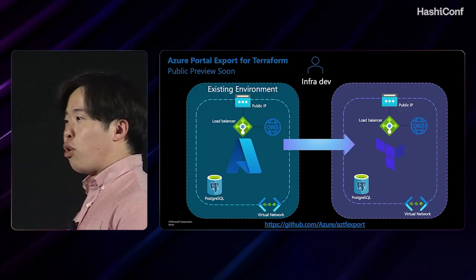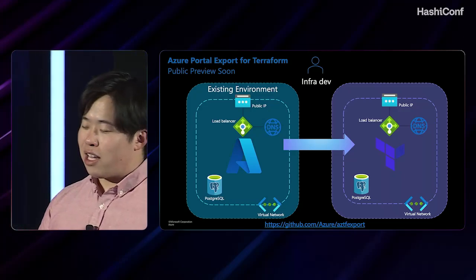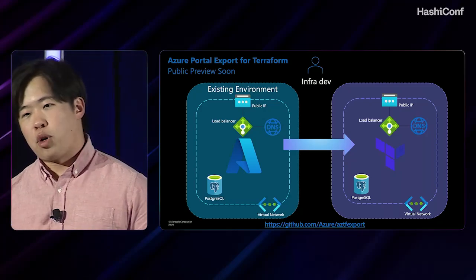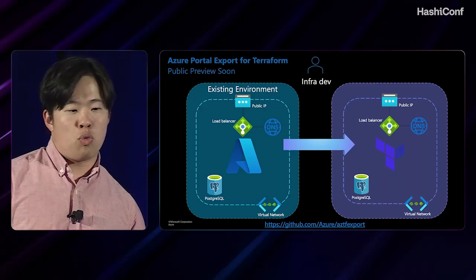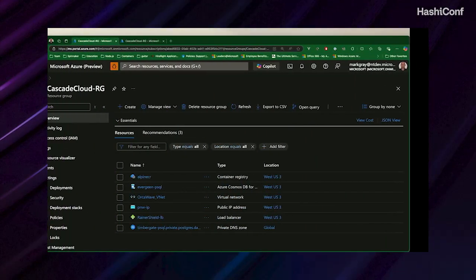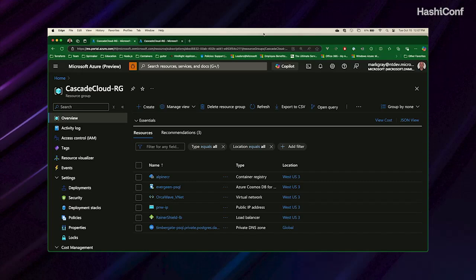Azure Portal export sounds exactly like what it is. It's coming out soon, but I'm going to run a quick demo to show you what this experience is going to look like. Over here, we have a resource group, the same one that we just talked about with setting the stage.